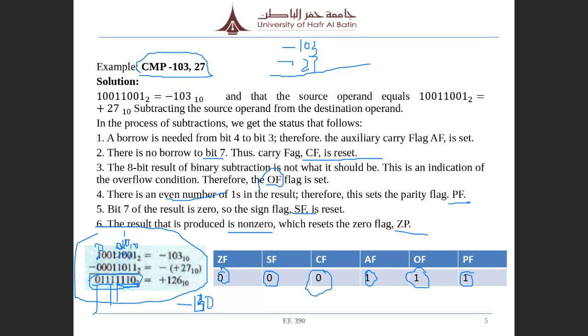First of all, what is the binary value for 130? If you can calculate it, do it, or I am doing it now.